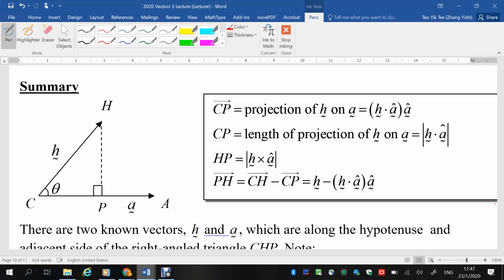If I want to find the vector CP, it is H dot A hat multiplied by A hat. Okay? So I covered the first three formulas. There's one thing that I never go through. What if I want the vector HP?